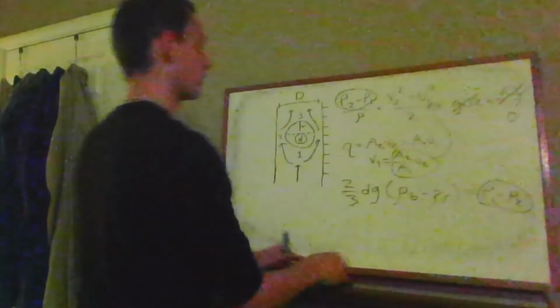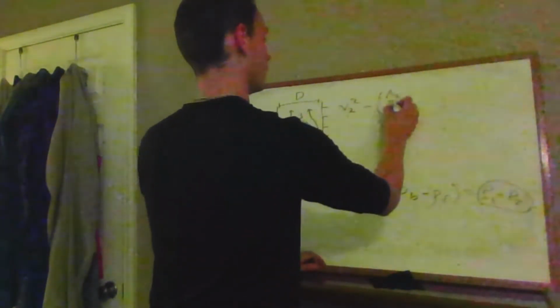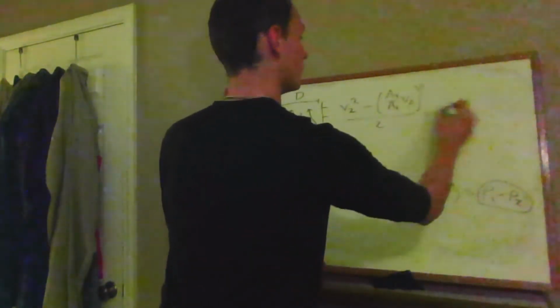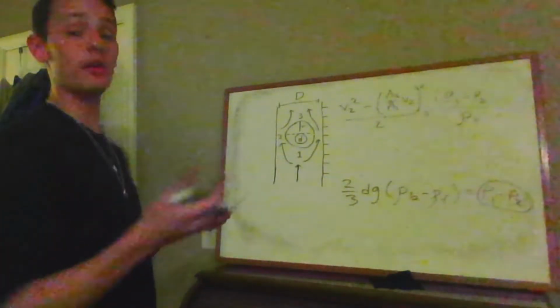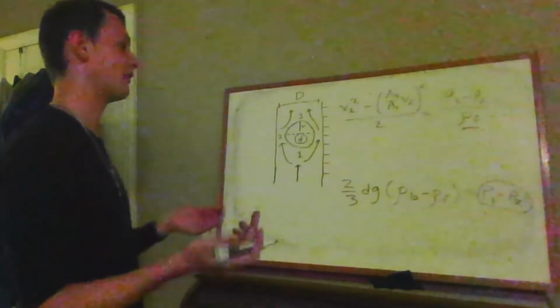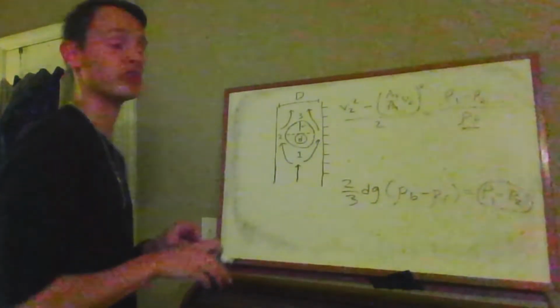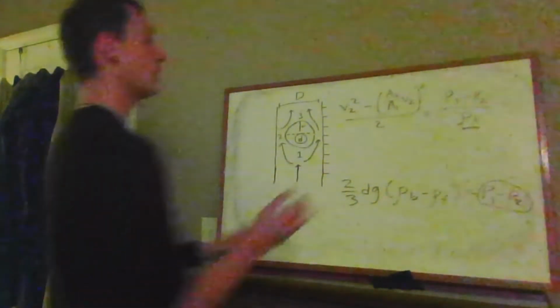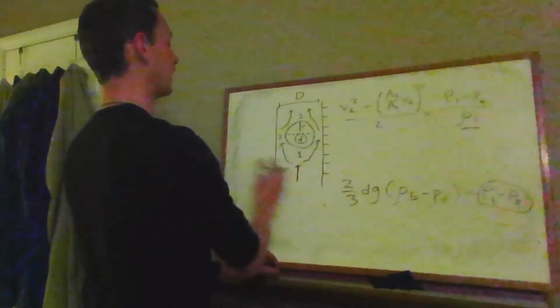So once again, I'm going to erase some things here. Another thing I forgot to mention, when we're dealing with Bernoulli's equation, we have to consider the density of the fluid, if that wasn't already apparent. But I should be denoting that with rho sub F, just to make that clear. Okay, let's see what we can do here. Well, we're after this velocity.